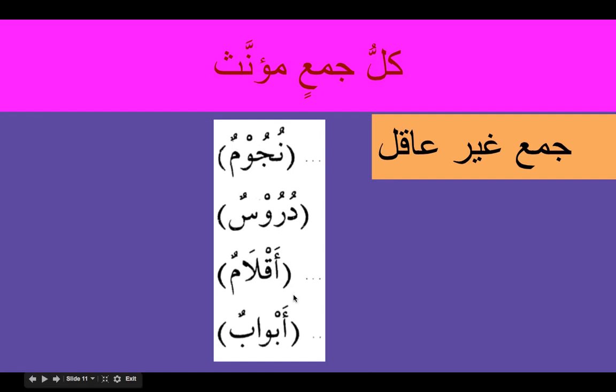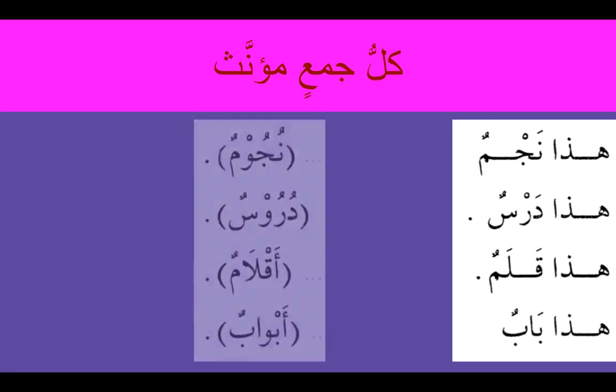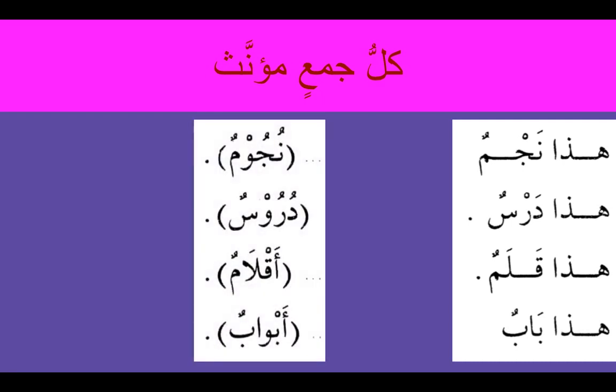So if we are saying hadha najmun, we're using the demonstrative pronoun hadha, this is a star. If you want to use a demonstrative pronoun for the plural nujumun, what do we use? We know for aqil, if it is hada talibun, we use haulai, and if it is tilka talibatun, we say ulaika talibatun.